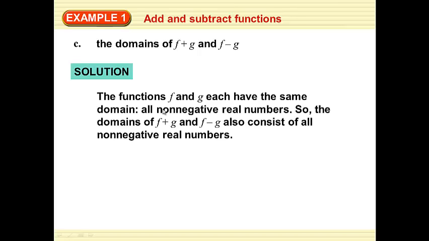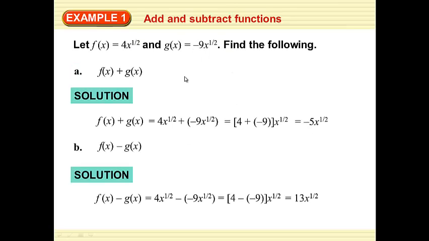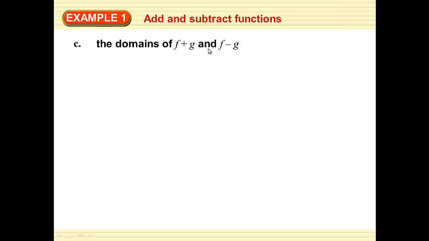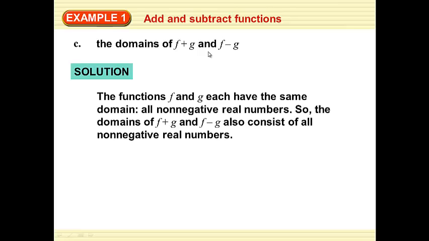They're saying the domains are all non-negative real numbers. So why would that be? Because our initial function x to the 1/2 power is the same as the square root of x. So we cannot square root negative numbers. So that's why the domain is all non-negative real numbers, all positive numbers.